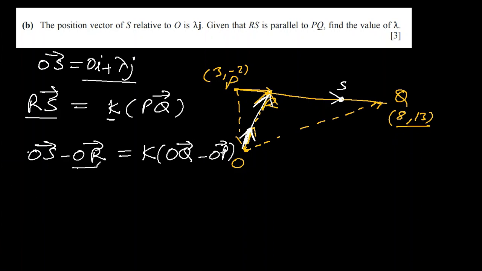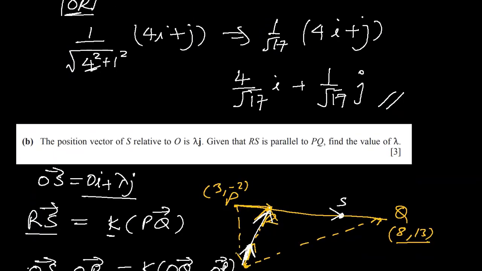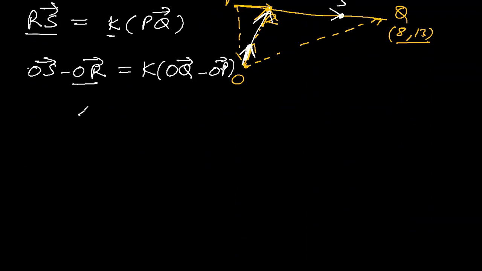OR is known to us now, which was 4i plus j. And OS, they have given us the position vector of S as 0i plus lambda j.